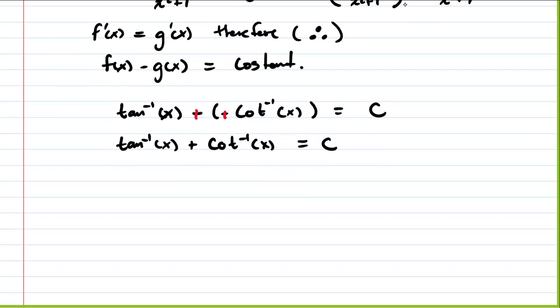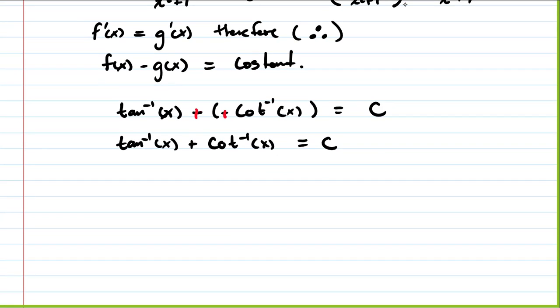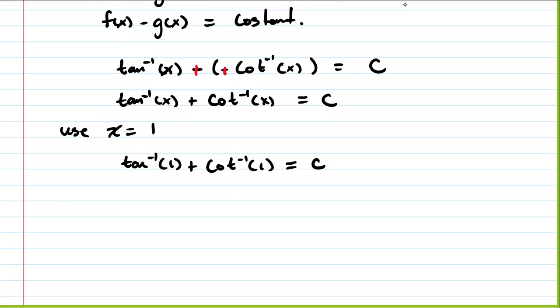Well, this has to equal some constant, so we can find that constant by using any value of x. So let's use x equals 1. Then the inverse tangent of 1 plus the inverse cotangent of 1 is equal to c. Well, the inverse tangent of 1 is pi over 4, plus the inverse cotangent of 1 is also pi over 4, equals c.